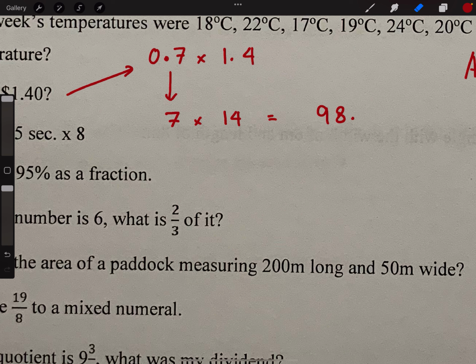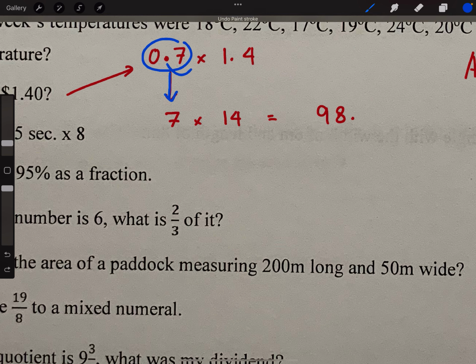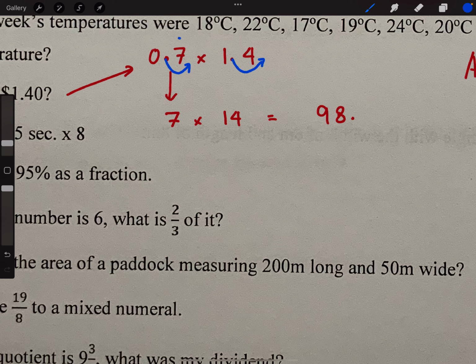Okay, now to get from 0.7, let me color this in blue, to 7, I have to move the decimal place to the right how many times? 1 time. And to get 1.4 to 14, I must move the decimal place to the right 1 time as well. So altogether, I move the decimal place to the right 2 times, right? So for my answer, I must move the decimal place back 2 times.